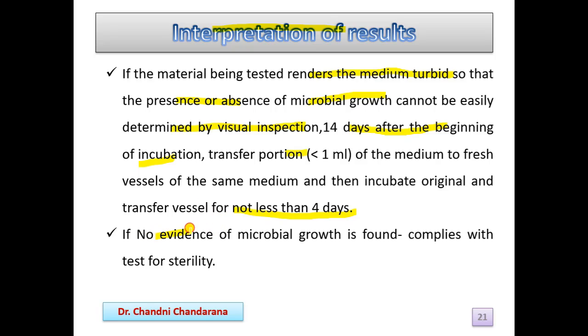If no evidence of microbial growth is found, then it complies with the test for sterility. And if there is evidence of microbial growth, then it does not comply with the test for sterility. This is how we can interpret the results.